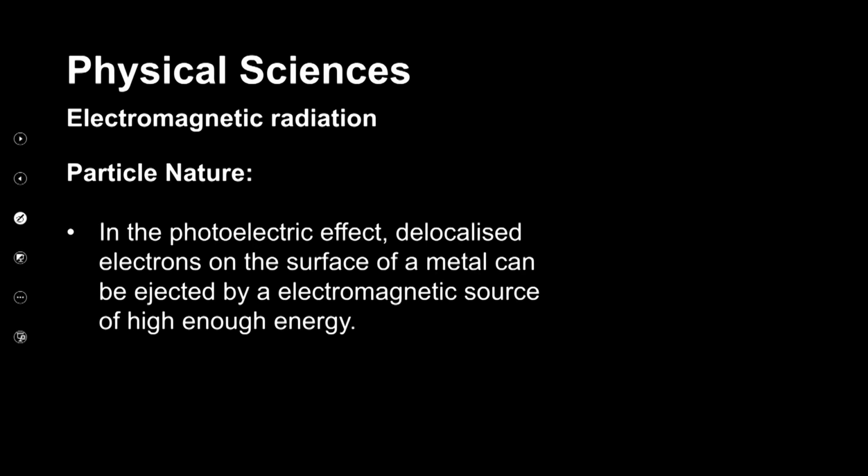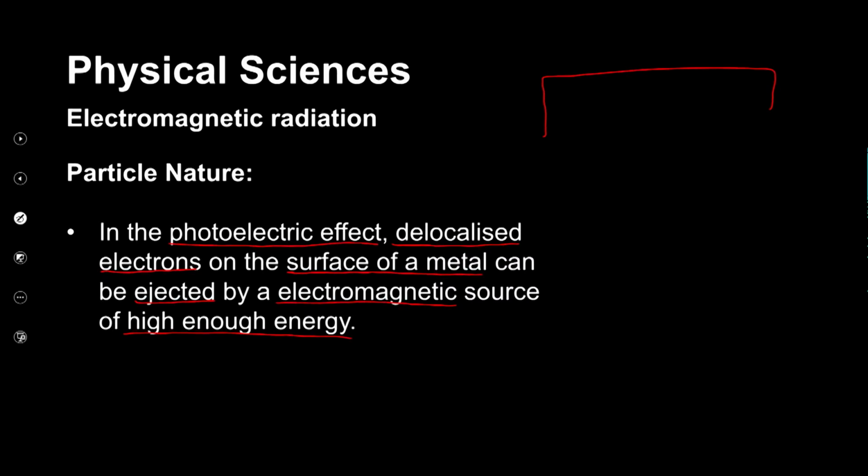The photoelectric effect is when delocalized electrons on the surface of a metal get ejected when an electromagnetic wave of high enough energy hits the metal. So I'm going to try to draw a diagram to help you understand.